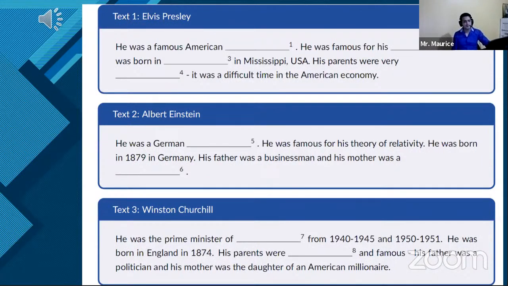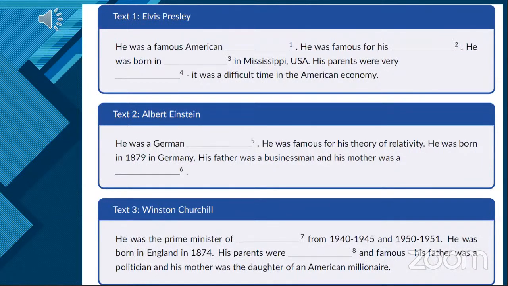Please, number 3. He was the Prime Minister of Britain from 1945 and 1951.